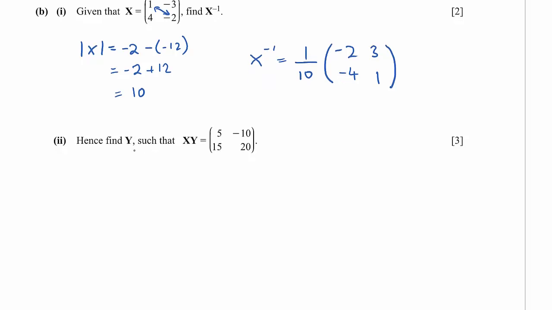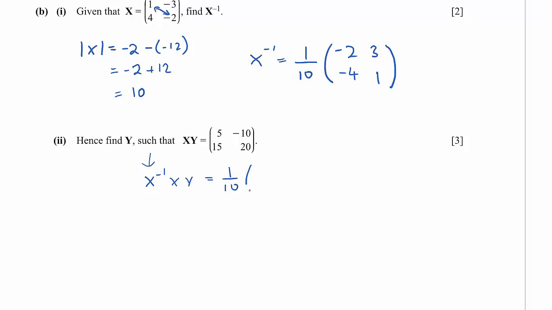Hence we want to find the matrix Y such that XY is equal to this matrix here. So we have XY is this matrix. So if we do X minus 1 XY, so that's multiplying on the left by the inverse matrix.